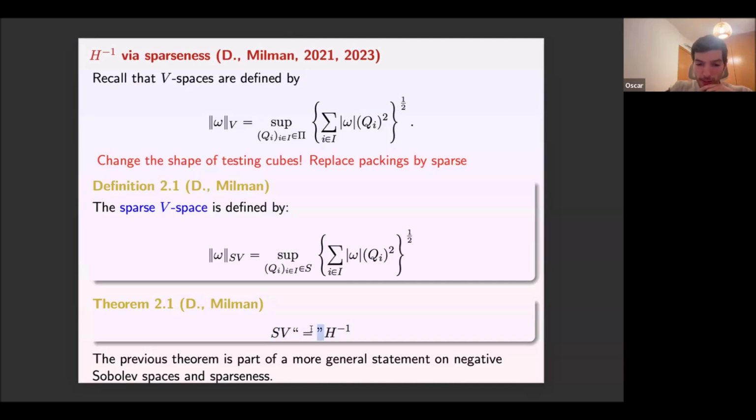And be careful here because, to be more precise, this means that if you are working with a measure with distinguished sign, then this guy is equivalent to the H^{-1} norm. In general, these two spaces do not coincide, of course, because this is a distributional space and this guy is formed by measures, so nothing to do.